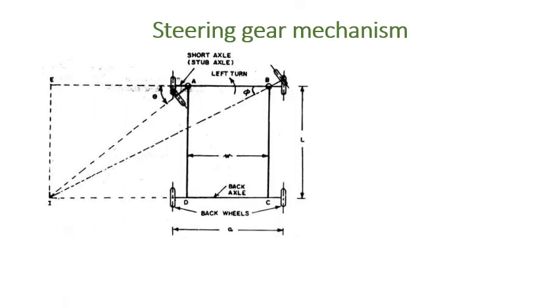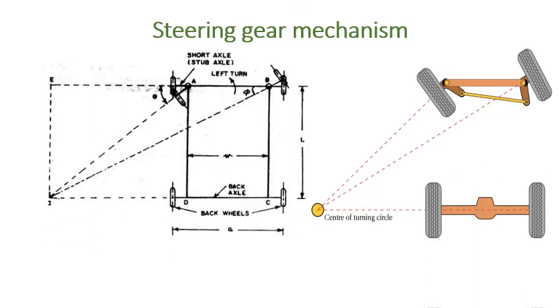So next one, steering gear mechanism. Here the steering mechanism is used in automobiles for changing the directions of the wheel axles with reference to the chassis, so as to move the automobile in the desired path.